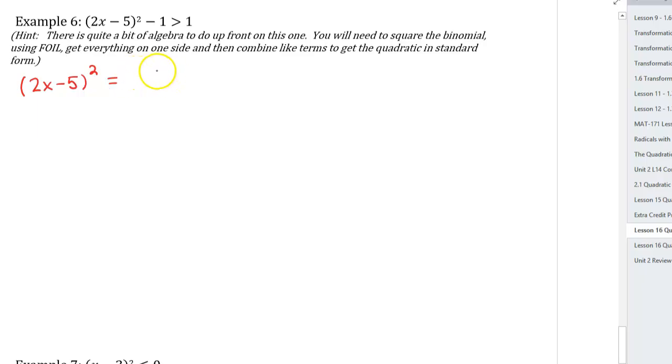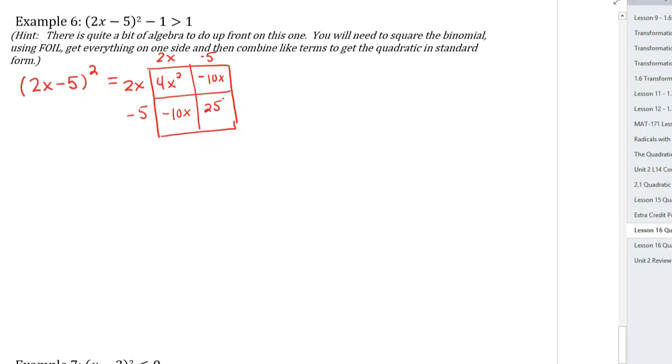So if we use the box method, then we have 2x minus 5 going down, 2x minus 5 going across, and this box would be 2x times 2x, which would be 4x squared. 2x times negative 5 is negative 10x. 2x times negative 5 is another negative 10x, and then negative 5 times negative 5 is positive 25.